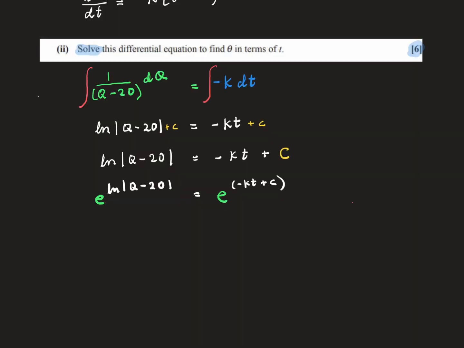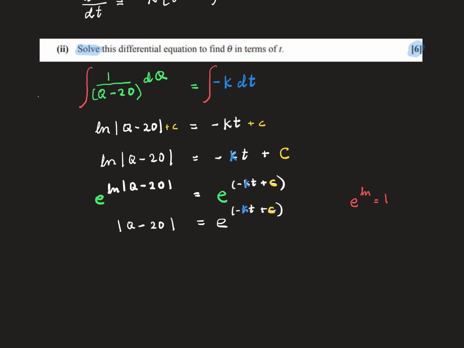Now I'll just remind you that e to the ln is just equal to 1. So all we need to do is to write down θ minus 20 is equal to e to the minus kt plus c. So I need to solve c, the yellow one, and I also need to solve k to be able to find what this equation is.